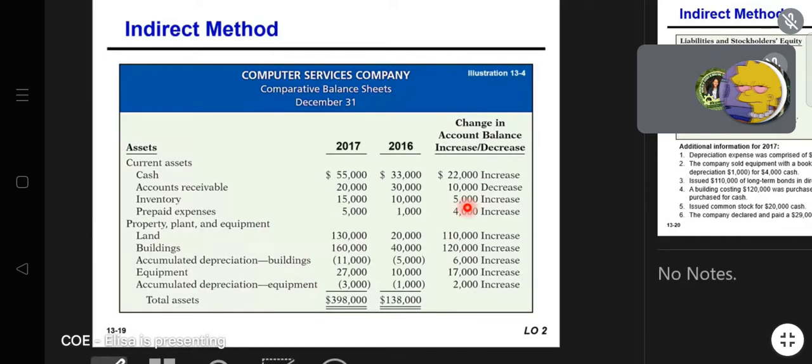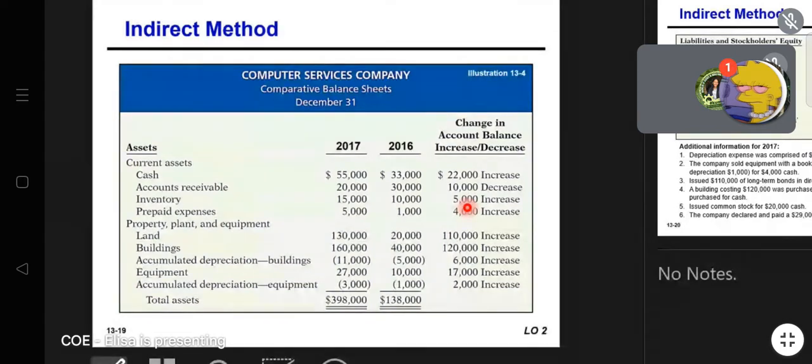Again, in 2016, nanay keeps a list in her sari-sari store. Accounts receivable is a list of who owes her. In 2016, nanay's list showed 30,000 collectible.